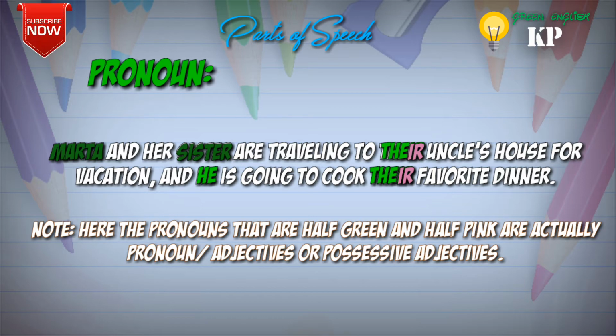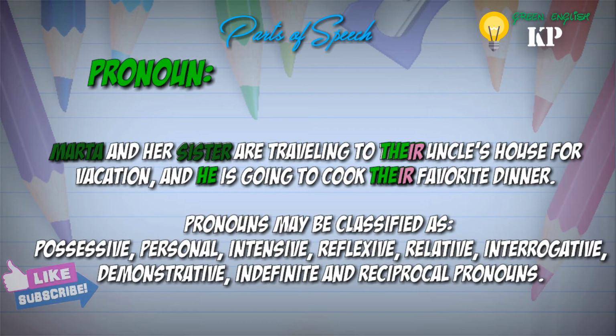Such pronouns are known as pronoun adjectives. Pronouns may be classified as possessive, personal, intensive, reflexive, relative, interrogative, demonstrative, indefinite, and reciprocal pronouns. But we won't deal with them here in detail because we don't want this video to become longer.